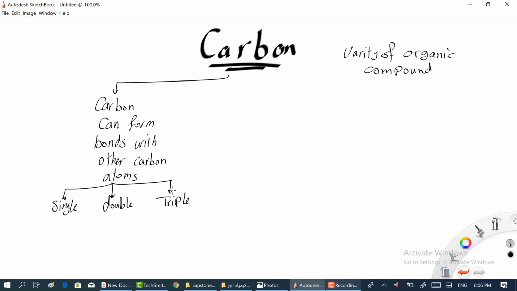So we'll find the carbon maybe attached with another carbon atom like this, maybe attached with another carbon atom by double bonds, maybe attached with another carbon atom by triple bonds.